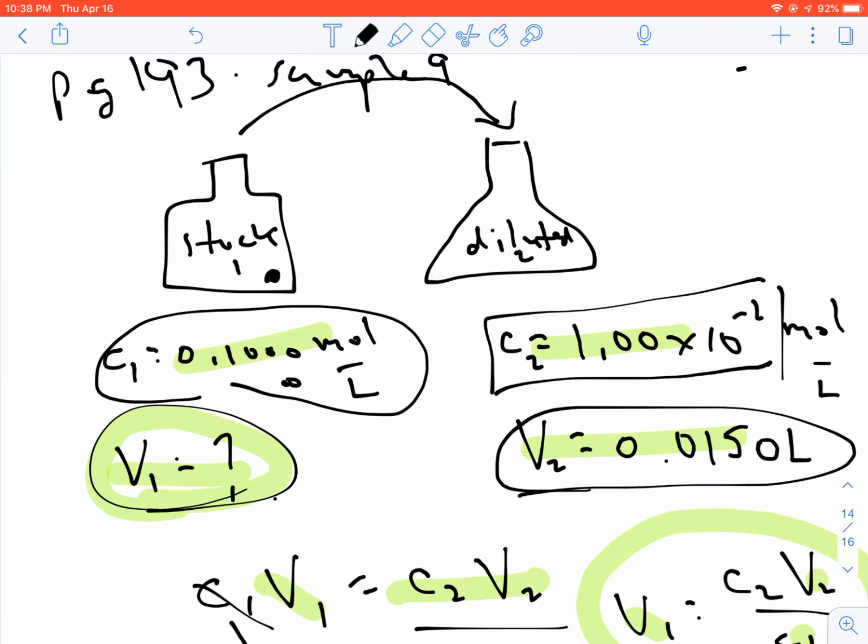Okay, that's what this formula is doing. So it's looking at how I'm making solutions again in the lab, except this time not using a powder, not using a solid chemical, but using a concentrated liquid chemical that I'm going to dilute in order to make my solutions for the lab.